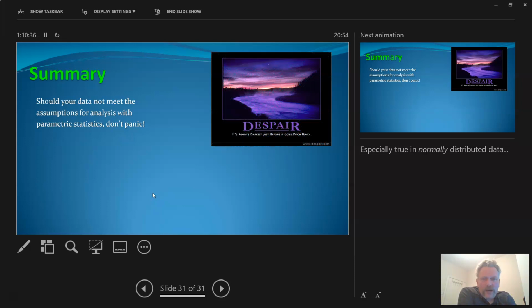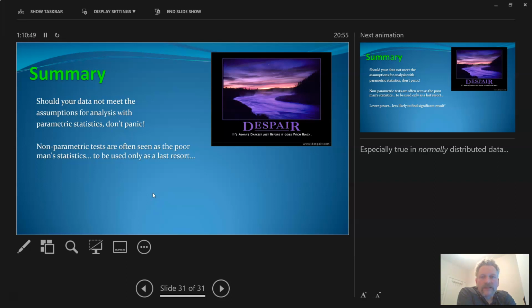And why bother doing that? Why think that's it? All bets are off. When what you can do is actually just do the non-parametric equivalent. It makes perfect sense to me. And yet quite often what you tend to find, much as I've done here, ironically enough, is that the non-parametric tests in any statistics book quite often get relegated to the last chapter.